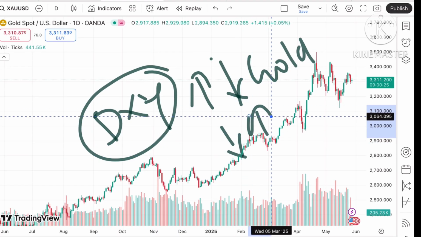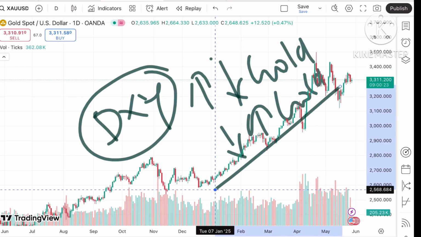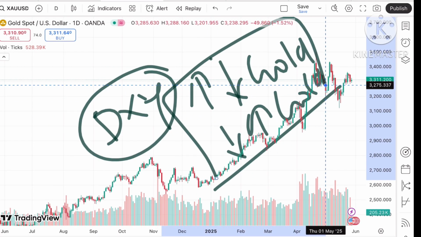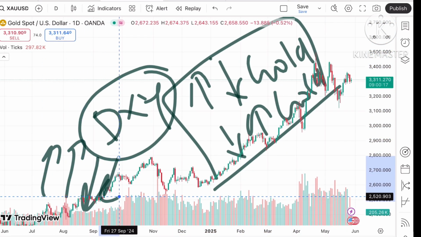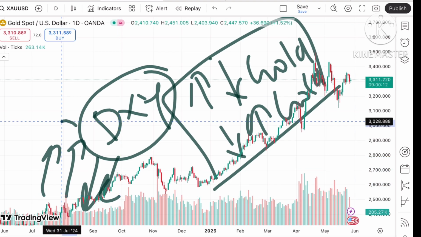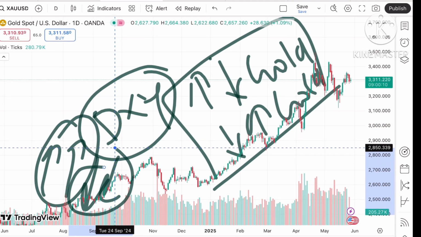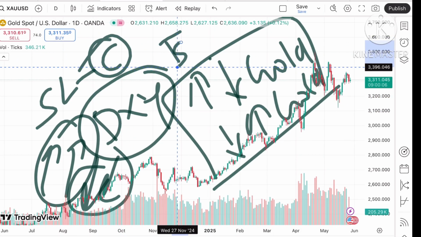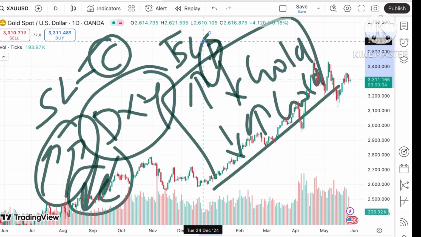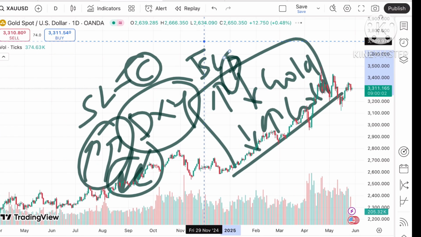Similarly, if the dollar index starts going down, we see the gold price go up. This is what we see mostly, but sometimes they both move in the same direction. Whenever you start to trade, put your SL so your capital will be saved, and once you are in profit, try to trail it so your profit will be saved. These two things you have to do.